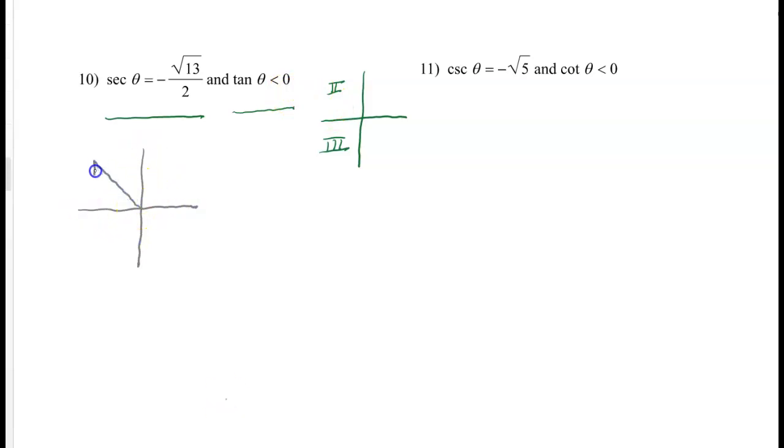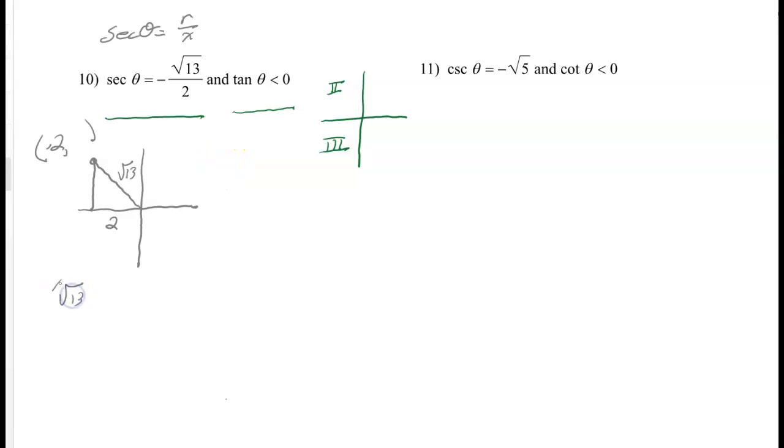So when you draw this picture, you are in quadrant 2. So if I were drawing it, the secant of theta is the radius over the x-coordinate. So the radius here I can label root 13, and the x-coordinate is 2. Again, I do not put a negative in the triangle. And then you could use Pythagorean theorem.